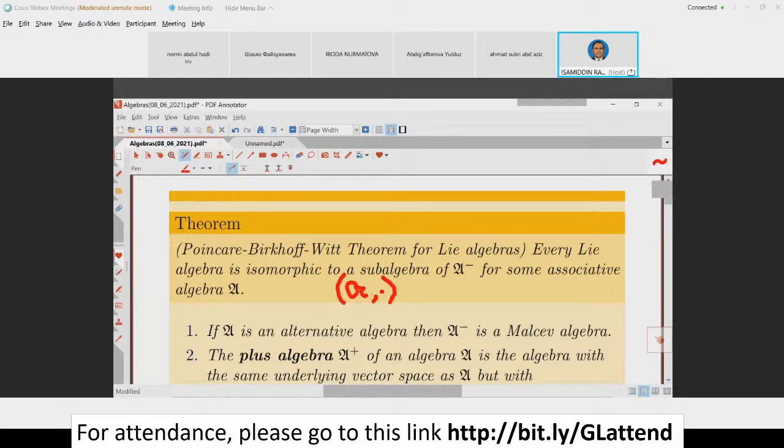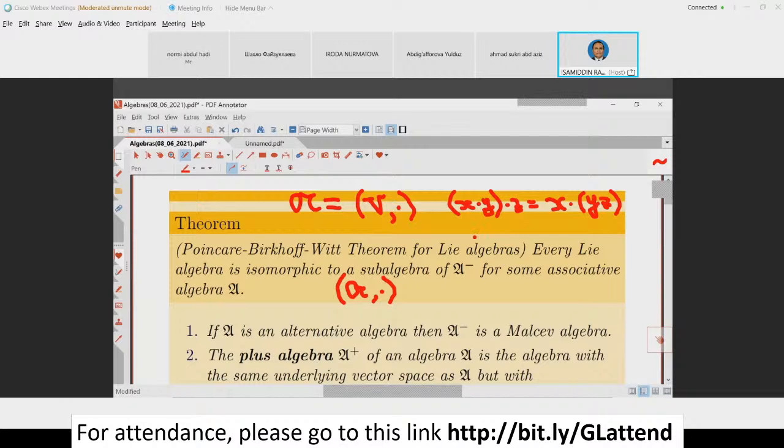you have a vector space V, and on that vector space you have the dot operation. With respect to that dot operation you have an algebra A, but this product satisfies the associativity condition: (x times y) times z is x times (yz). Later we will see the class of associative algebras separately.